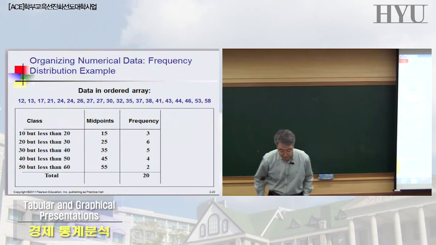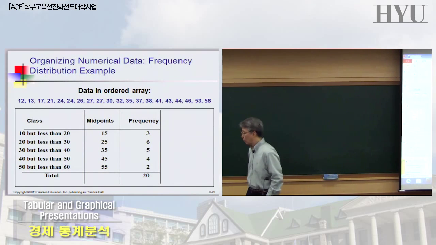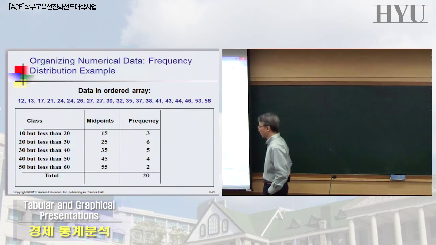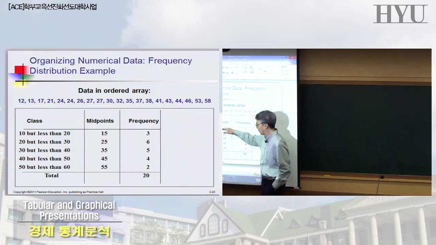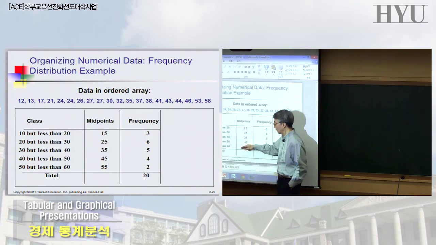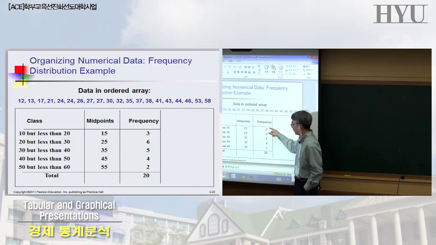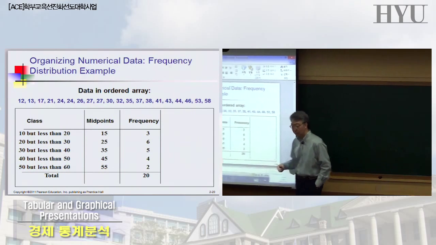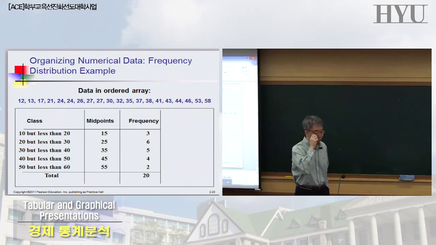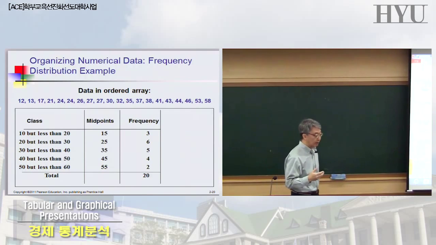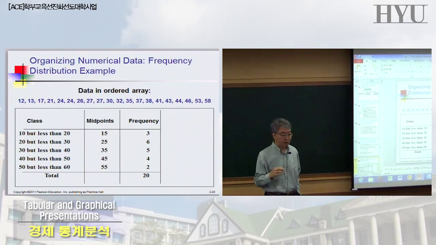So we are going to present the data in different classes, and count the number of observations in each class and present that. And then it will provide readers a good overall idea of how the data points are distributed, okay?